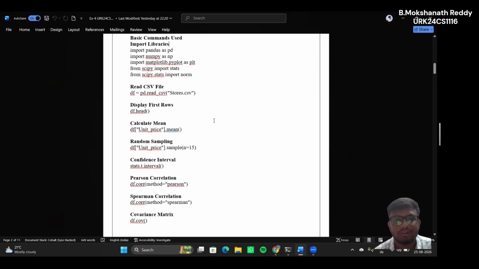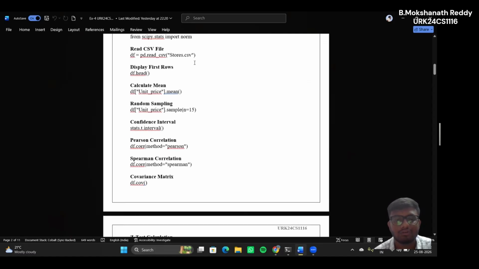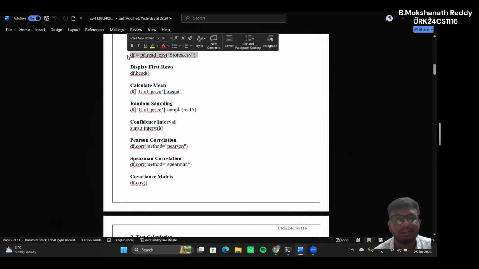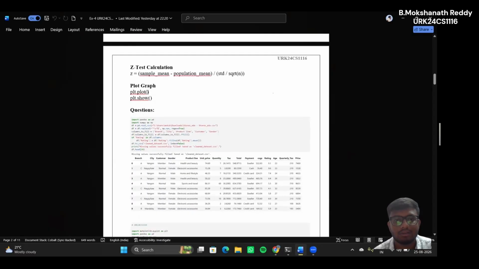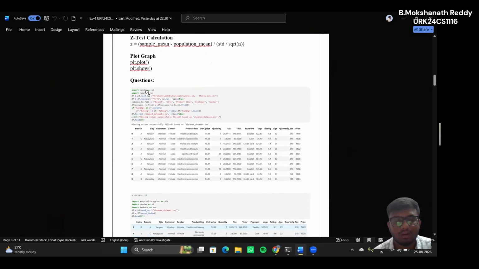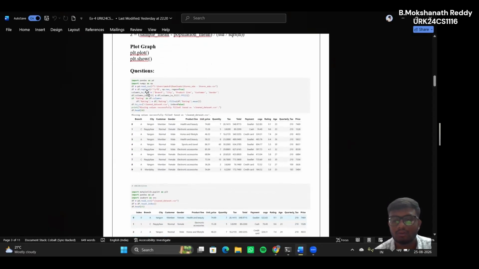To read the CSV file, we have df equal to pd.read_csv, the basic command to import a CSV file. And display and calculate, these are the basic commands again. Now we'll go to the given questions.